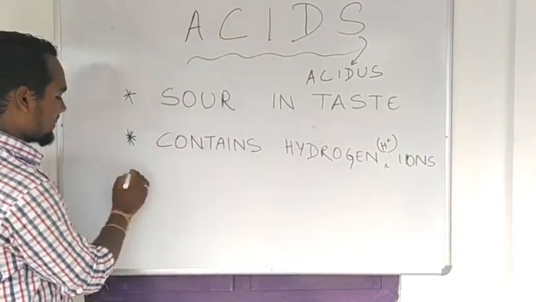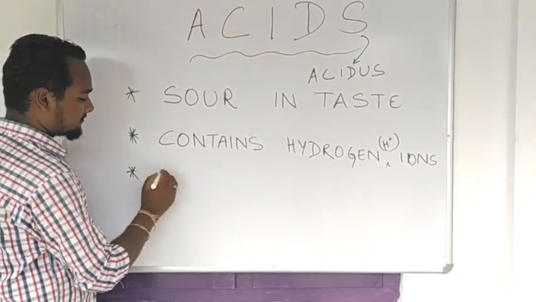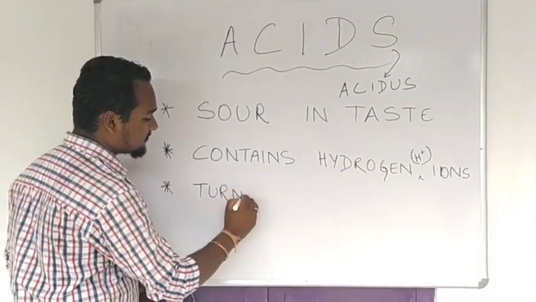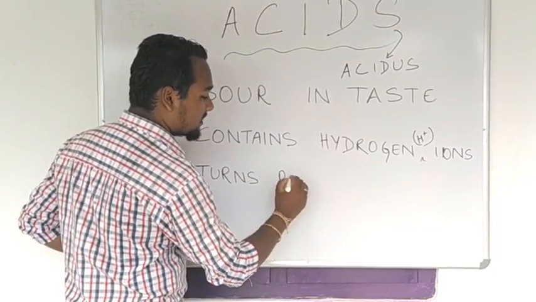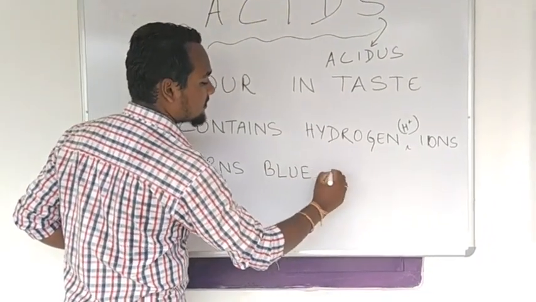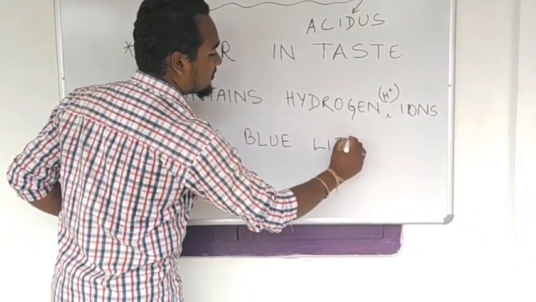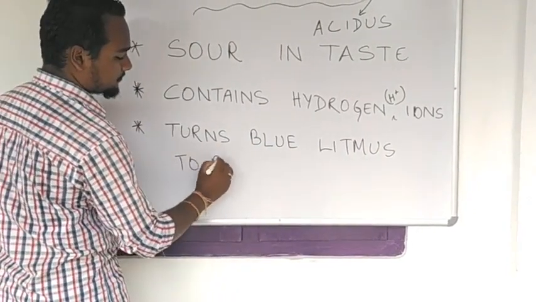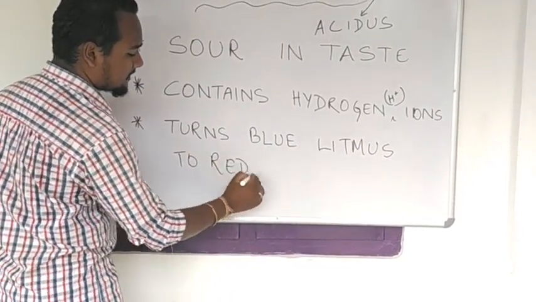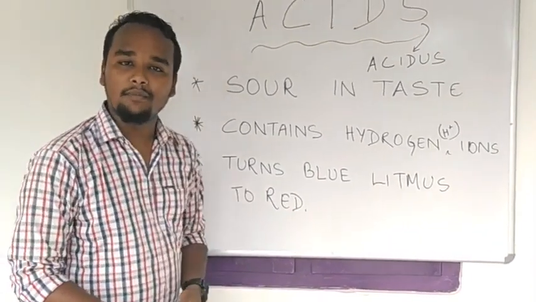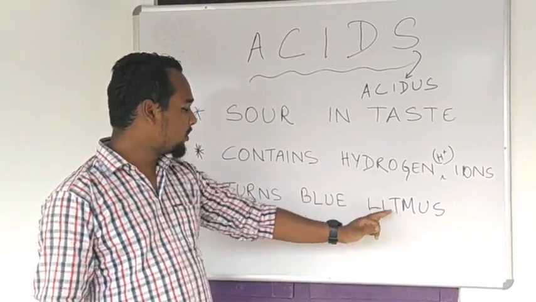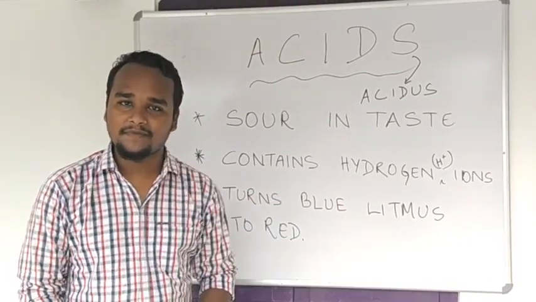Next one. An acid turns blue litmus to red. This is one more property of an acid. We have a litmus paper.